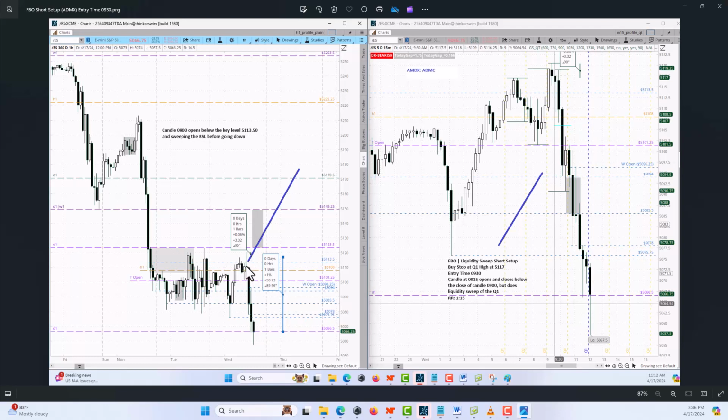So the candle at 9, the purpose is just it open below the key level right here, and it just sweep the sell side.